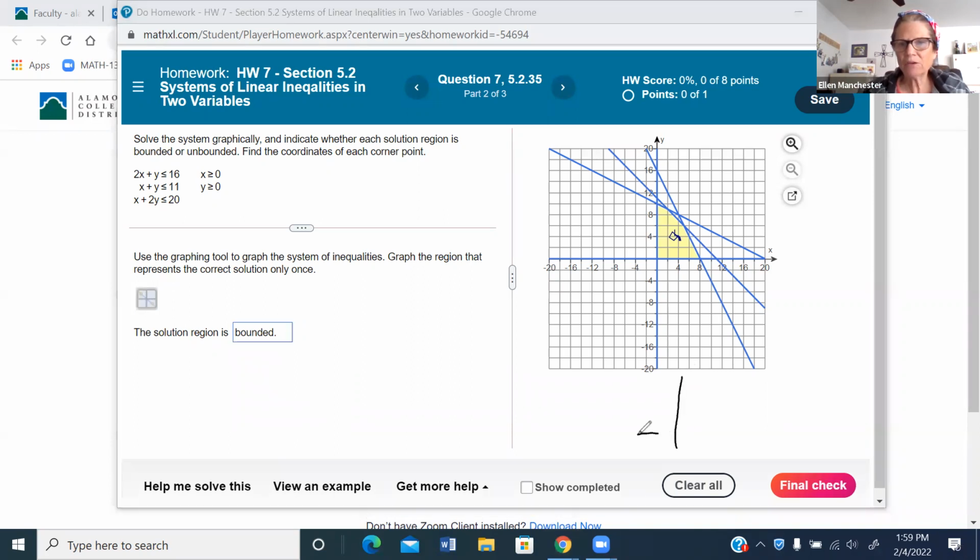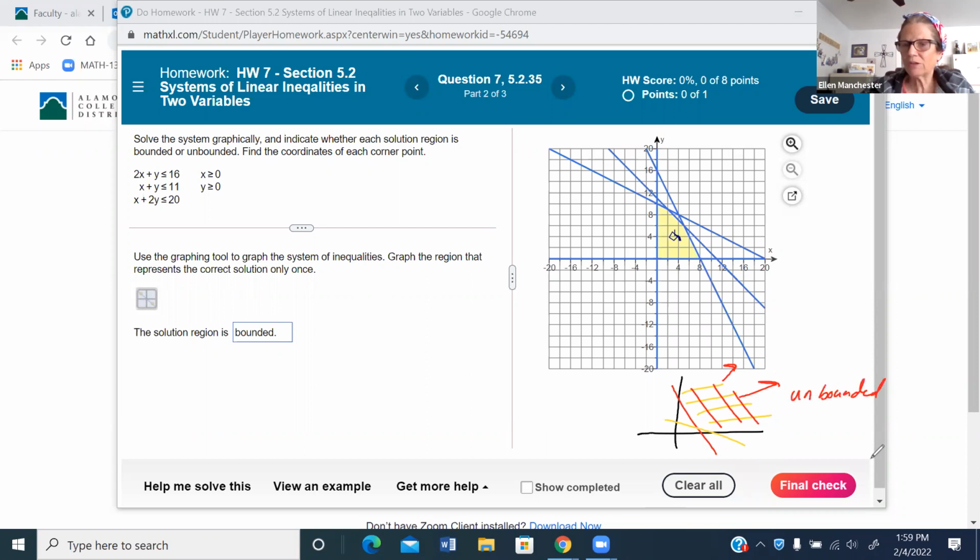If I had a graph, and let's say I had a couple lines here and another line here, and let's say that my shading overlapped out here. Well, you can see this is going on and on and on forever. So that would be considered unbounded.